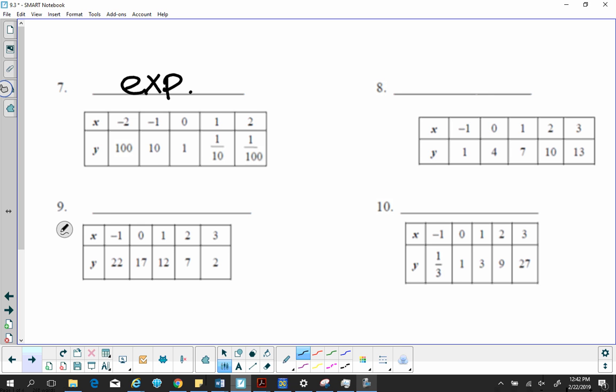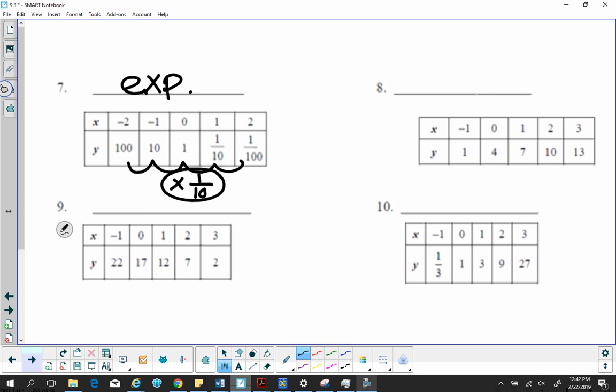It's multiplying by 1/10. Or technically it's divided by 10. So because it's multiplying or it divides by 10 each time, it's exponential.